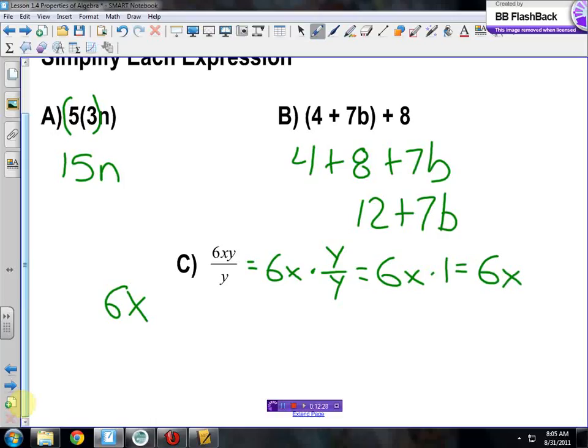All right. So on this one, we actually use two different properties. What property do we use from here to here? Associative, right? Because the order doesn't matter. Which property do we use from here to here? Identity, right? Because it didn't change the 6x from one side to the other. So we use two different properties on that one.